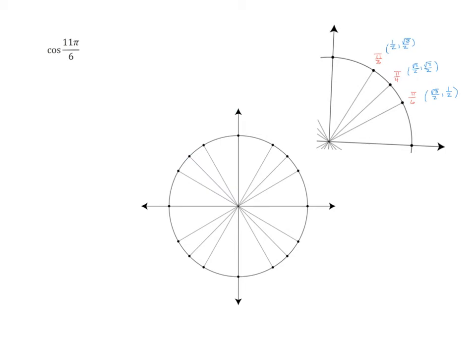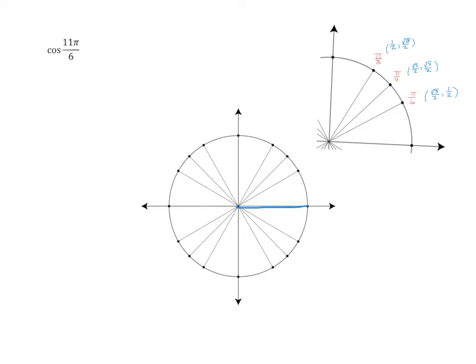Well, let's use the reference angle for this trig function and find cosine of 11 pi over 6. So first of all, let's put that on the unit circle. So 11 pi over 6, if we count out 11 pi over 6, 1, 2, 3, 4, 5, 6, 7, 8, 9, 10, 11.